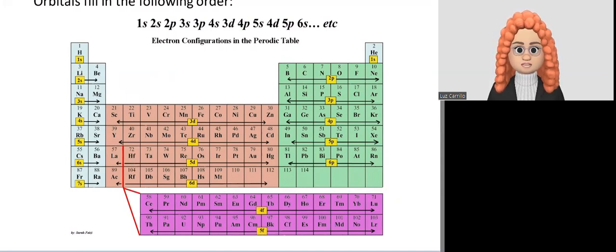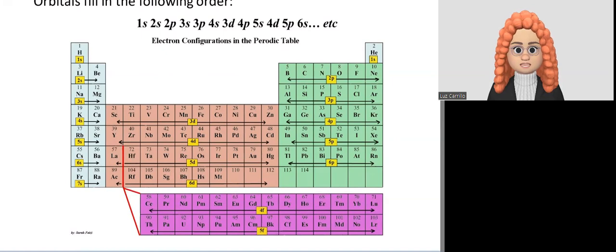Let's understand that for the purposes of this class, the f electrons are not something that we will discuss often. So how do we utilize all this information to talk about electrons of a particular atom? I want to do an example in which we determine the electron configuration specifically for an element.